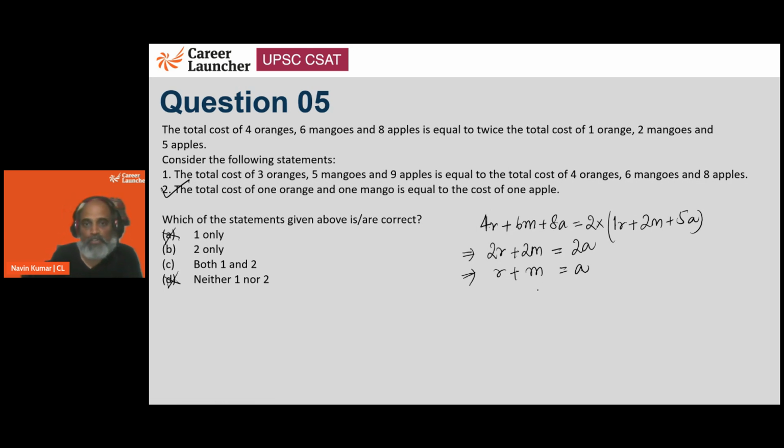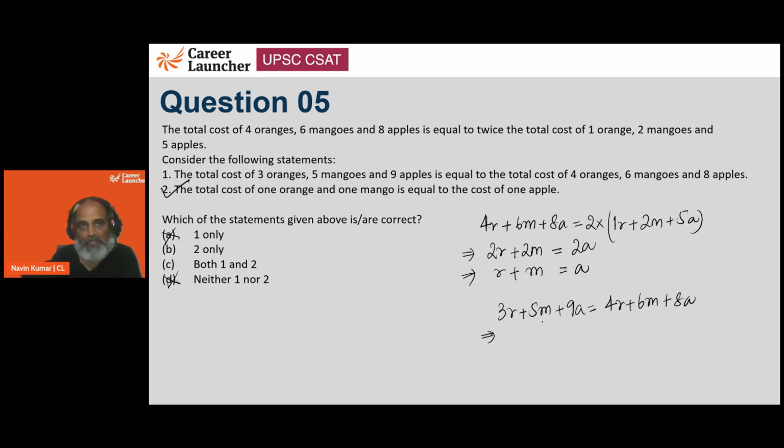The first statement says the total cost of 3 oranges, 5 mangoes, and 9 apples is equal to the total cost of 4 oranges, 6 mangoes, and 8 apples.